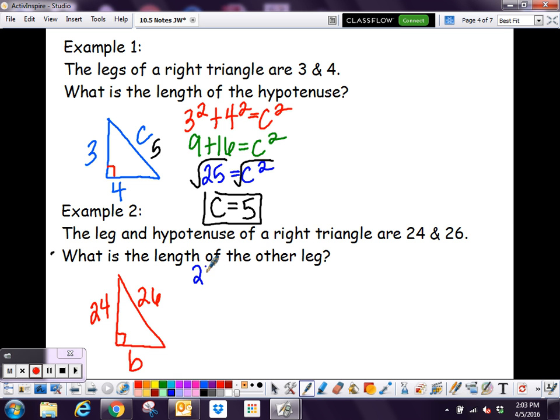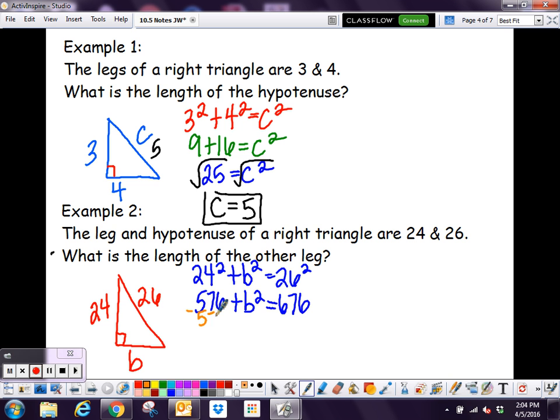So I have 24 squared plus B squared equals 26 squared. 24 squared is 576 plus B squared equals 26 squared is 676. Now we got to keep working this out.